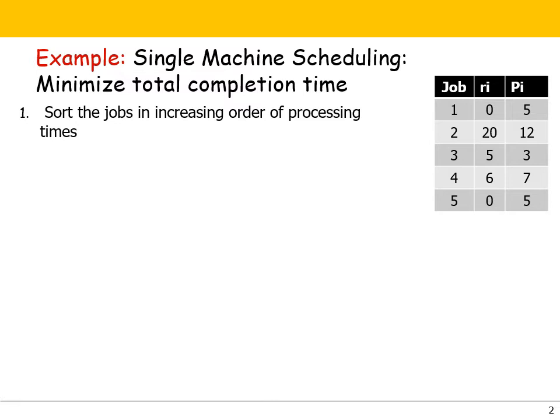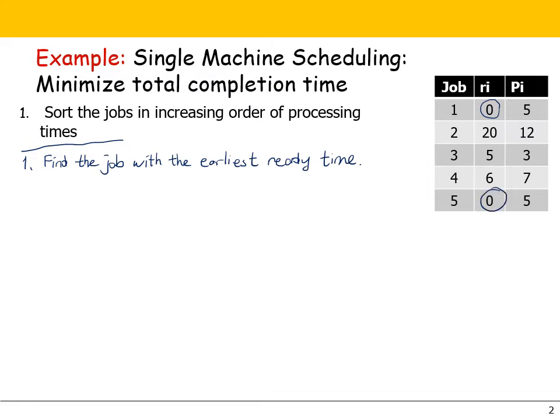So we can write a heuristic, just an idea. Let me write here. Okay, so as step 1, I'm saying, find the job with the earliest ready time. Okay, but of course, for example, when you look at this example, the ready time of job 1 is 0 and the ready time of job 5 is 0. Both of them are 0.